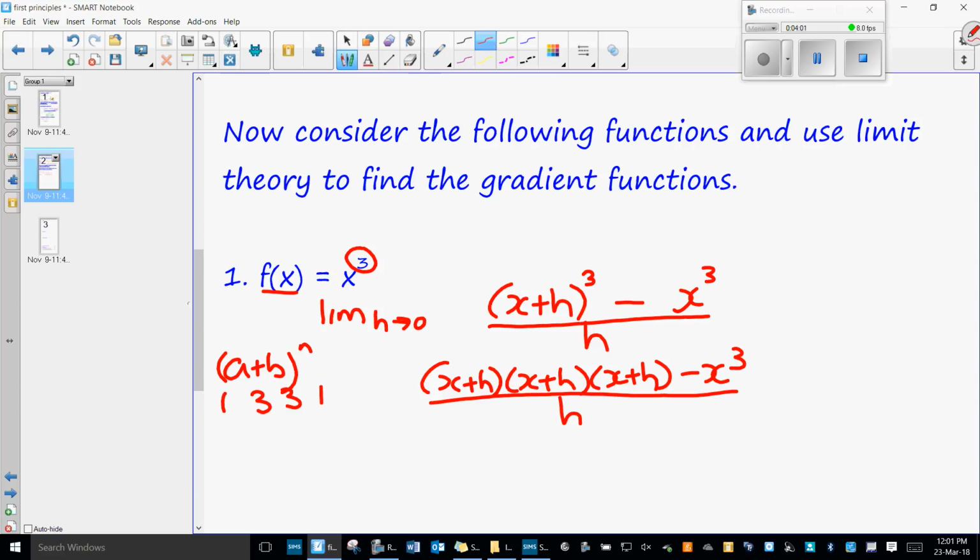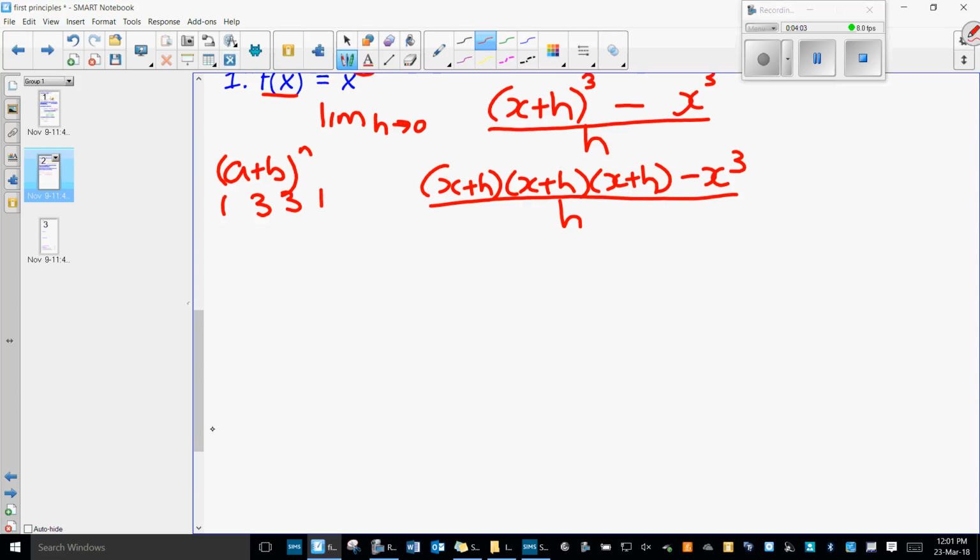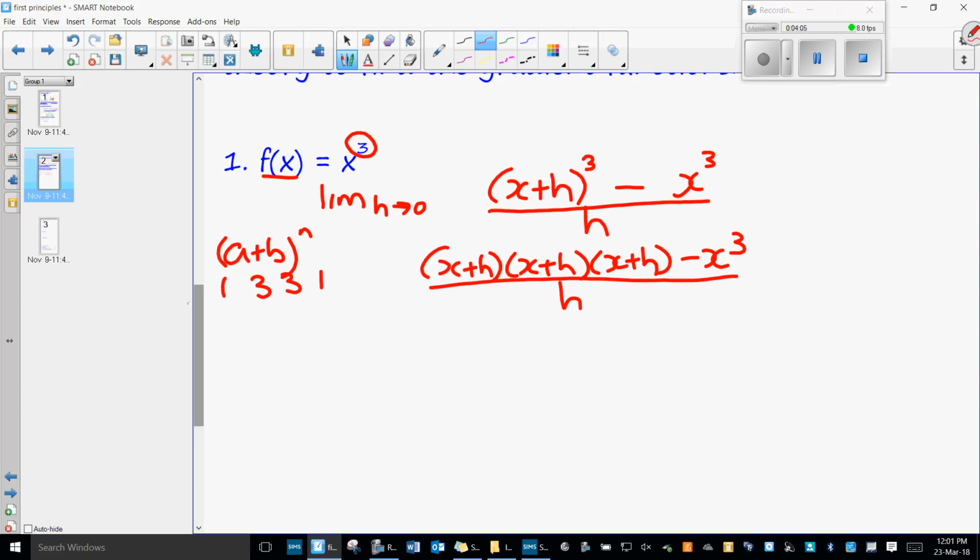So let's see if we can do this without actually using algebra. See if we can remember the binomial expansion. So we're going to have 1, and then what was the rule? The first term starts at the power. So my first term is x, so I'm going to have x cubed. But h to the power 0, and h to the power 0 is 1, so I'm not going to write that. Or do you want me to write it?